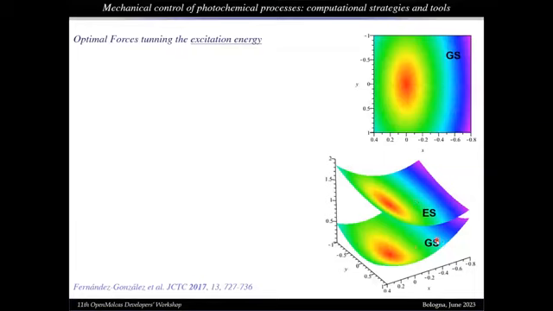So in this case, we have a ground state, we have an excited state, and this is a map. The color corresponds to the force. So to the force in the sense that if we apply a given force and the minimum is displaced to this point, all these points, for instance, in this ellipse, they have the same force magnitude.